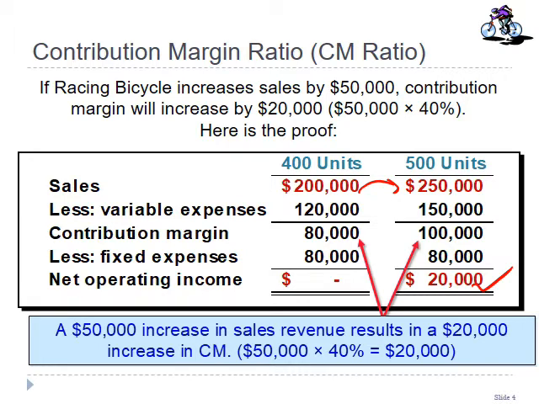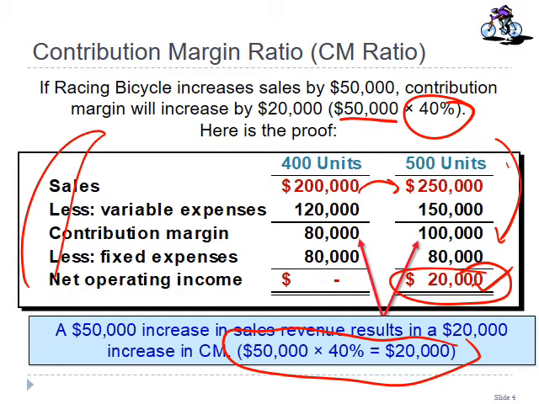So we can just use the contribution margin ratio approach. We know that the contribution margin is 40%, so 50,000 is the increase. We just multiply it by the contribution margin ratio, and that is exactly the same number. That is a proof here, and you don't need to make the whole contribution margin income statement.